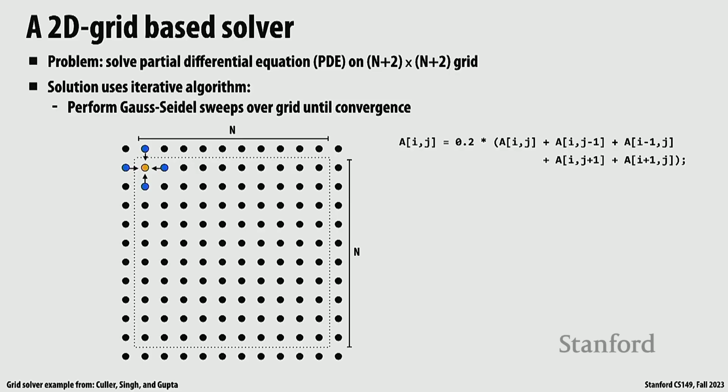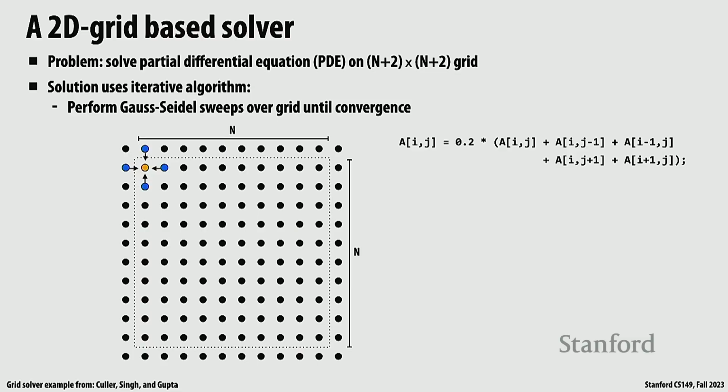Okay, so here's a grid of values. This is actually from a fluid solver, where we have a grid of values, and at every value there's a pressure or some quantity, and the goal is to bring this system to convergence.